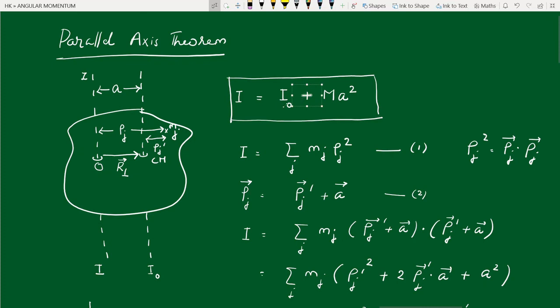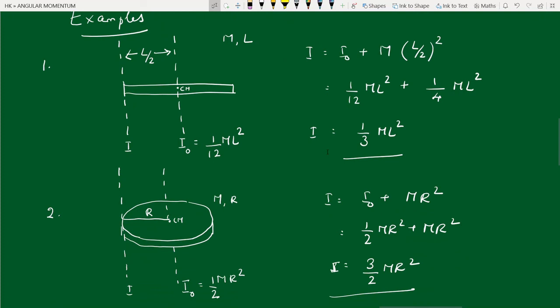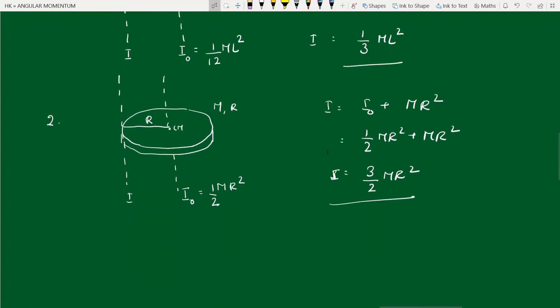I is equal to I0 plus ma square, where a is the distance between the two parallel axes and m is the total mass of the body. You can also find more examples of applying the parallel axis theorem in the cases of the moments of inertia of different objects that we have calculated about different axes. So that's all about today's class.